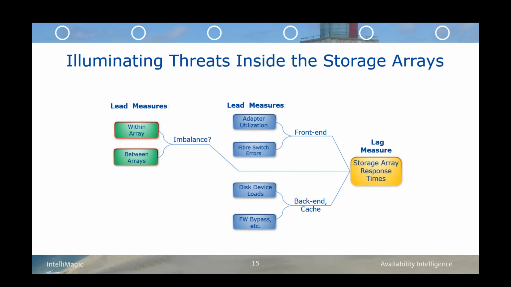There are other types of things as well, like imbalance within an array. Automatic tiering can address some of these, but that also introduces some additional need for visibility to understand how that's operating and how you set it up on which types of devices, or between arrays as well. Often when we see some issues, there can be plenty of physical resources in the environment to handle the workloads, but it's really more of a balance of the work across the physical resources.